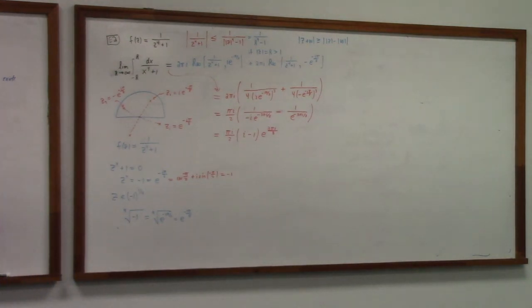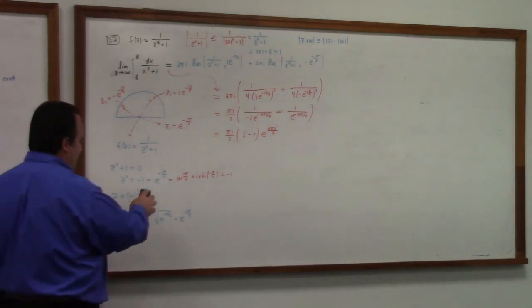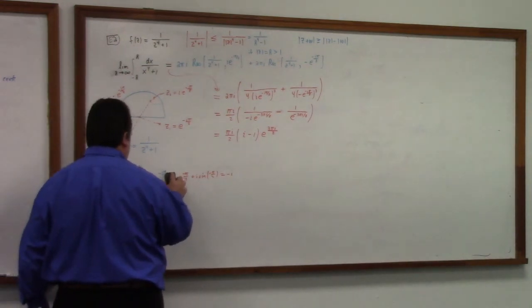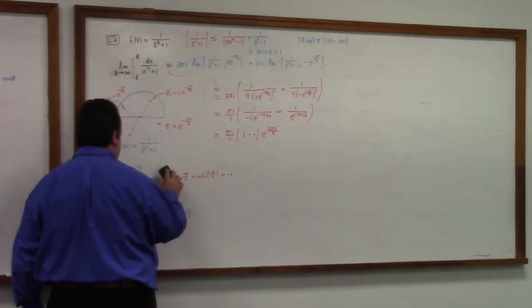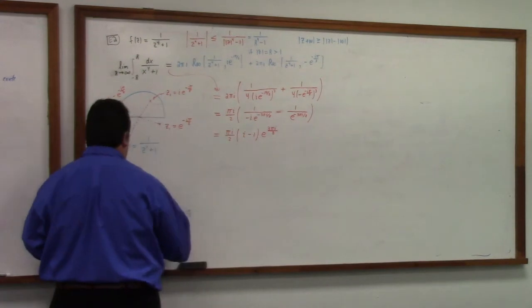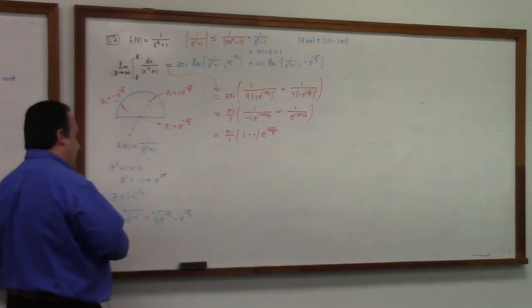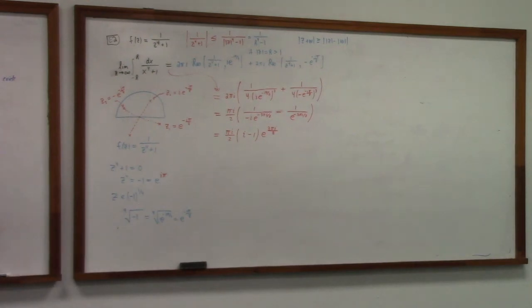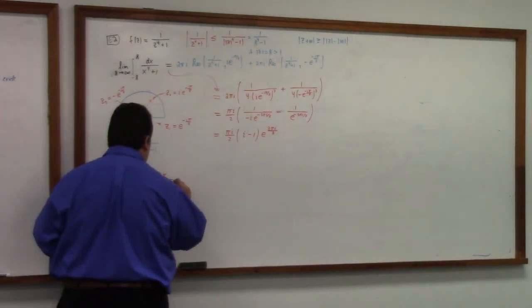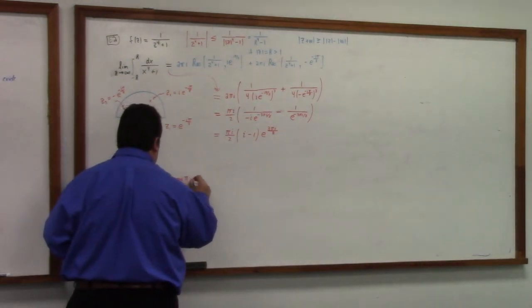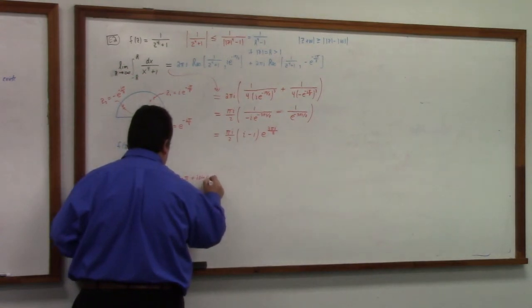So what do we have to do to fix this? e to the minus i pi. I didn't need the 2 there, did I? In fact, I didn't need the minus either, right? So what we should have had is e to the i pi. e to the i pi is equal to cosine pi plus i sine pi, right?